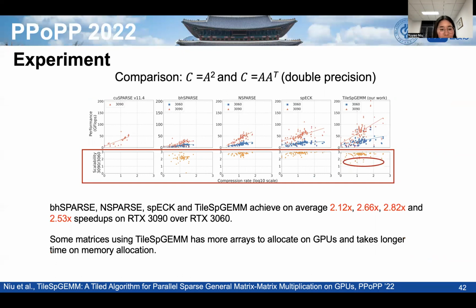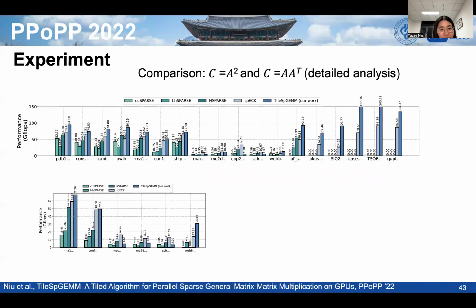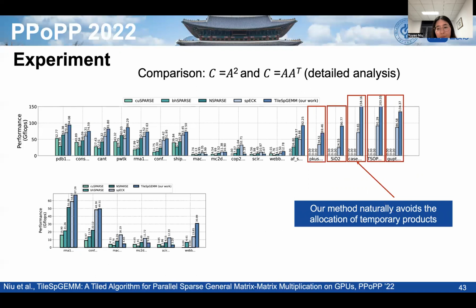This is because some matrices using our method have more arrays to allocate on the GPU and take longer time for memory allocation. To conduct a more detailed analysis, we listed 18 representative matrices and plotted their performance comparison. As we can see, when calculating the matrices that other methods cannot complete successfully, our method shows a much better advantage.